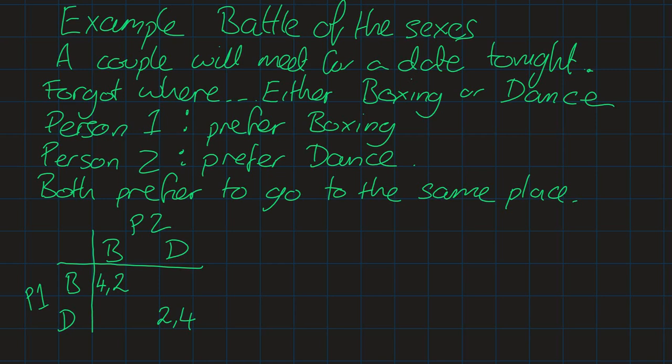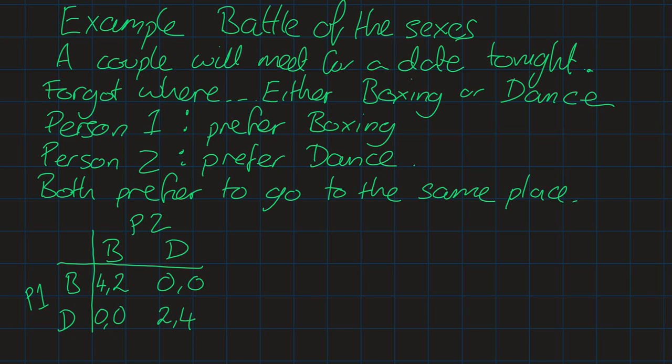Whereas if you look at these off diagonal entries, like this one here, boxing dance, well, person 1 and person 2 are in different locations, so this makes them not very happy, so it's a 0-0. And this one here, person 1 and person 2 are in different locations, so it's 0-0.